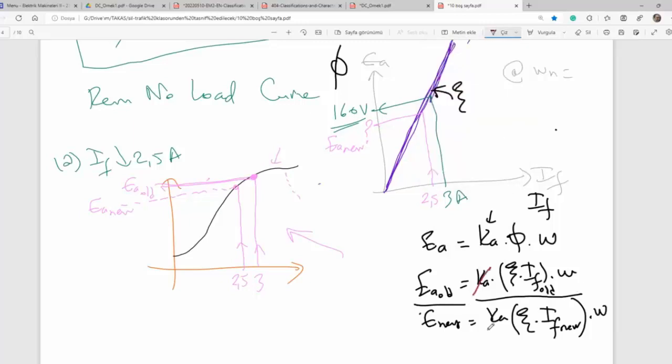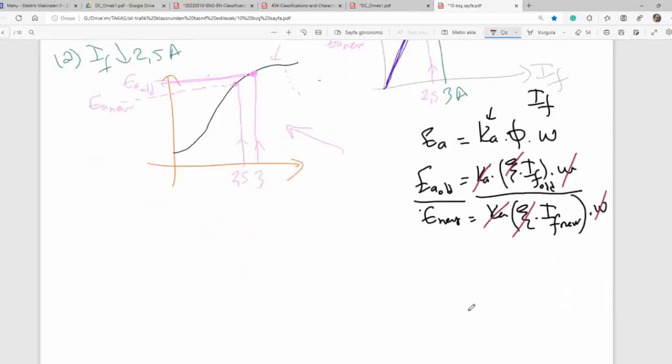Ka will be eliminated, zeta will be eliminated, and speeds will be eliminated. So what is the new EMF? New EMF will be equal to old EMF times new current If new over If old.